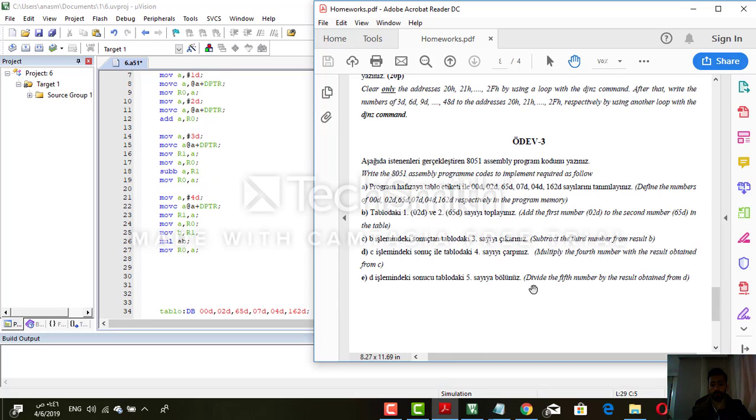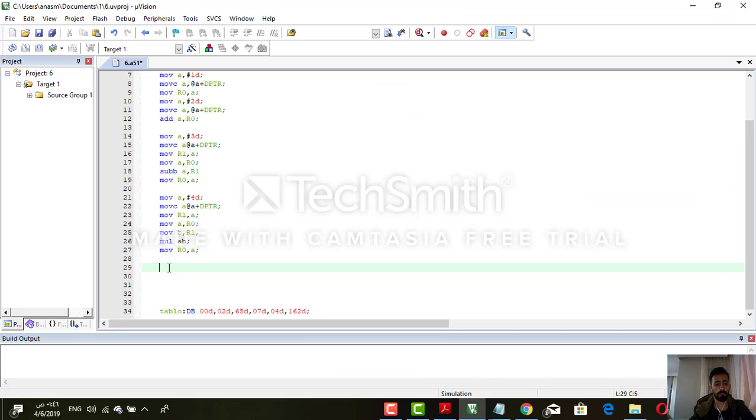Now we have to divide the fifth number by the result obtained by this. Okay, we have to define it, because move A is the same. I can copy and paste it again actually.